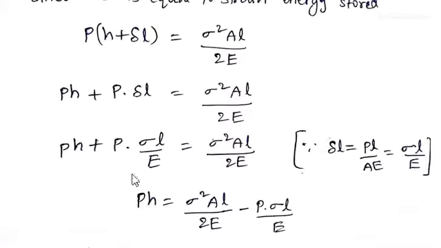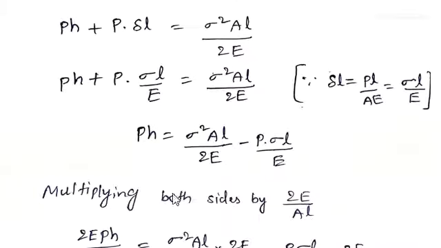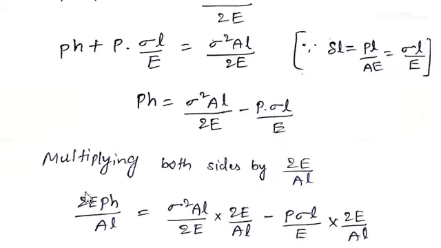When we rearrange these terms, we can write Ph is equal to sigma square AL by 2E minus P into sigma into L by E. Now if we multiply both sides by 2E by AL, we get 2E by AL into Ph equals sigma square, the first term multiplied by 2E by AL, minus the second term multiplied by 2E by AL.